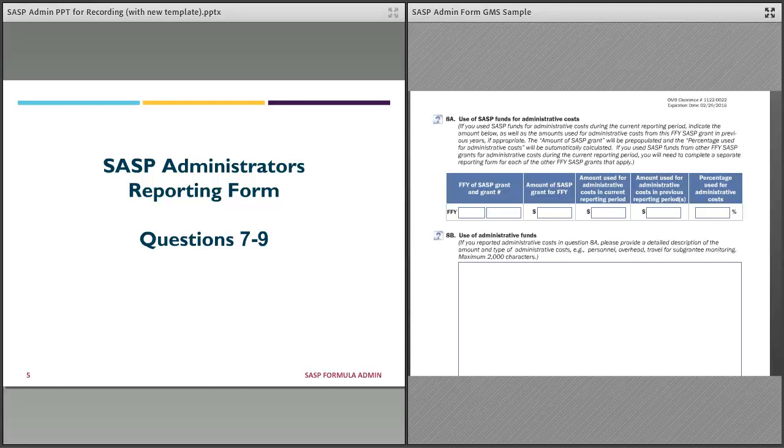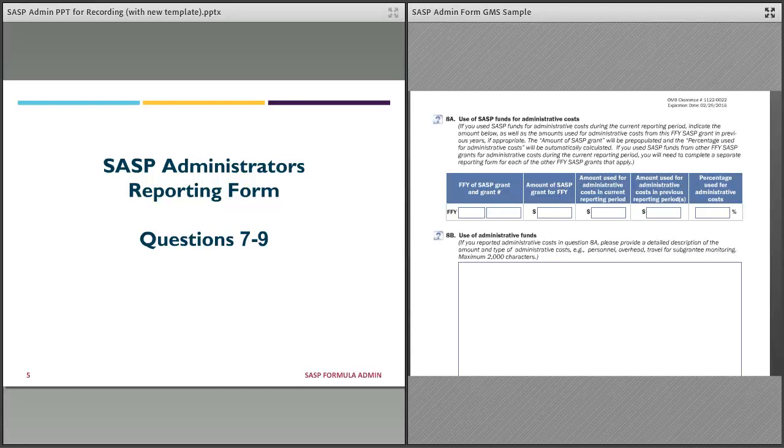I would enter $10,000 in the first column, and that's what I used in the current reporting period. In 2017, let's say that I used $15,000 of FFY 2016 funds to cover administrative costs. Then I'm going to enter the $15,000 in the fourth column because that is the amount of the federal fiscal year 2016 funds that I used in the previous reporting period.